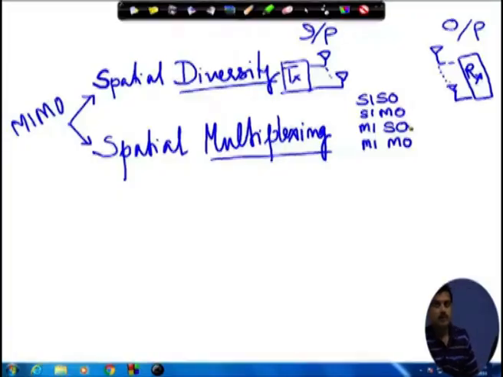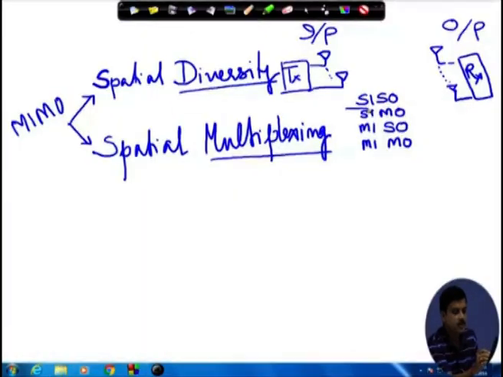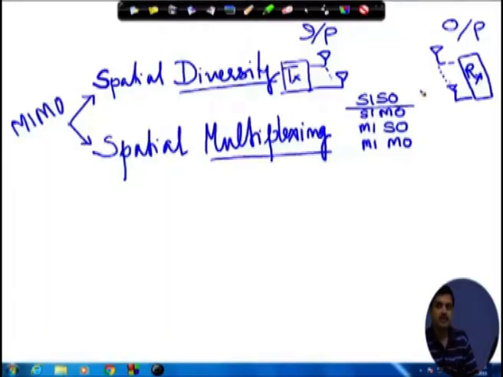So our aim would be to understand how to get diversity gain out of all these different modes of operation. SISO mode of operation is what we will not see very explicitly, but that can be covered anyway. So we'll basically look at how you extract diversity in this direction.